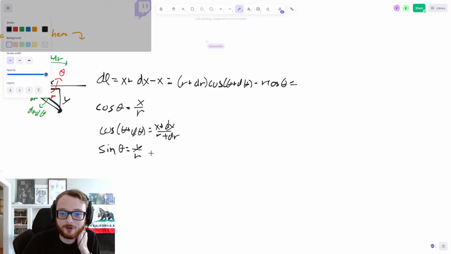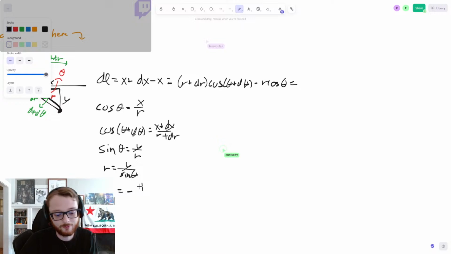I guess I'm getting rid of r's because I don't want to deal with arc signs or anything like that. And dr must be, ugh, it's an annoying derivative.